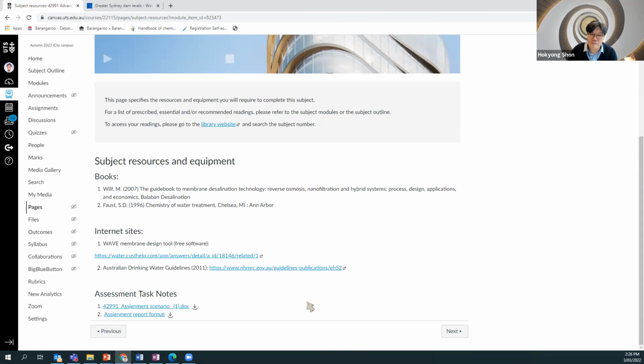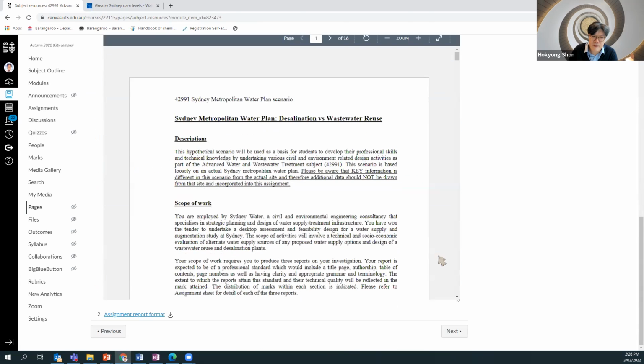And we have two important pieces of information here. Assessment task notes. If you see the assessment scenario, this is a must for leading your material to complete your assessments 1, 2, 3.